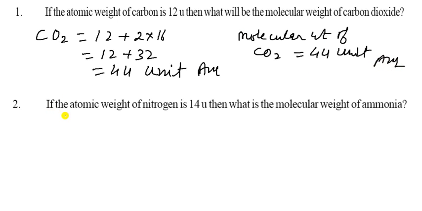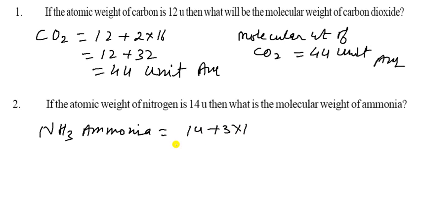Now the atomic weight of nitrogen is 14 units. What is the molecular weight of ammonia? So you have to write ammonia, NH3. N is 14 and hydrogen is 1, so you have to multiply by 3.